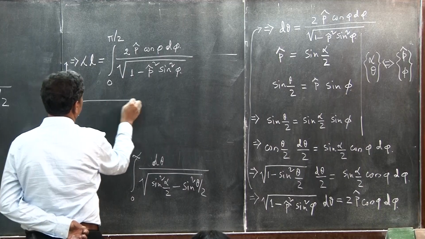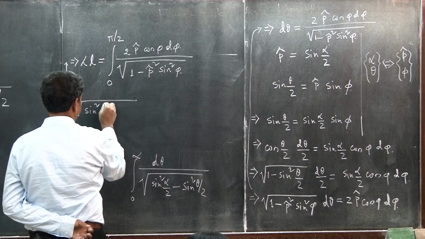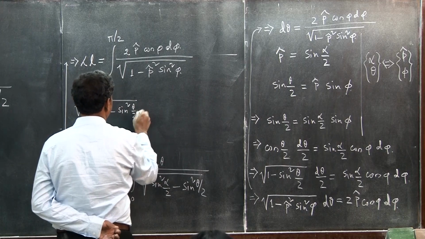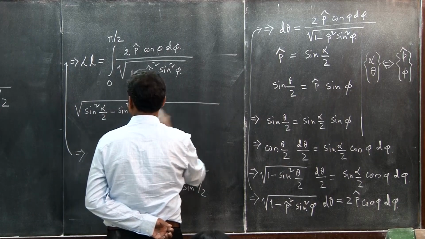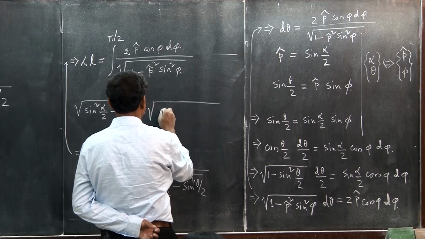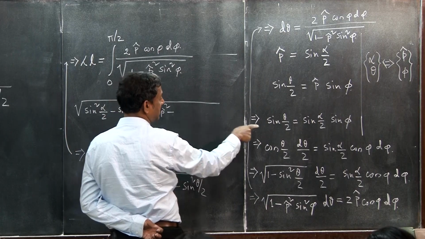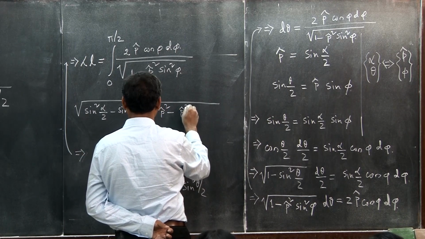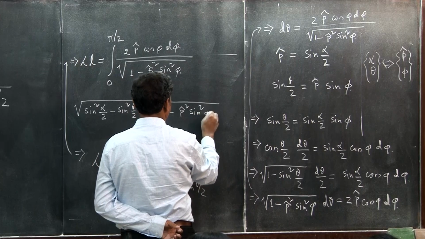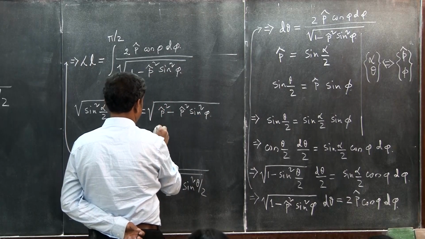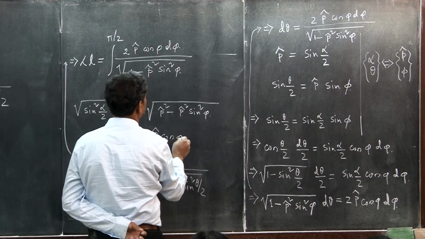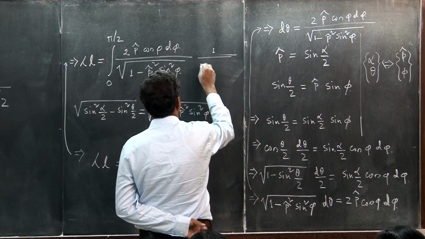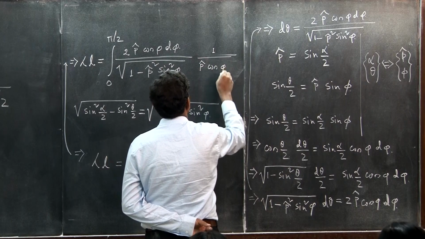Root of sin square alpha by 2 minus sin square theta by 2 is root of p square minus p square sin square phi, so p cos phi. So in the denominator I have 1 by p cos phi.